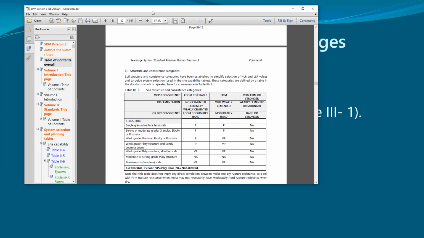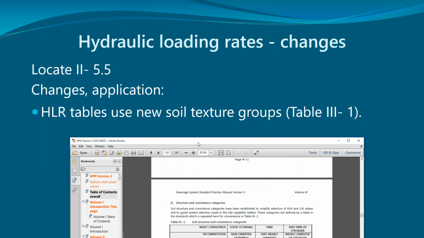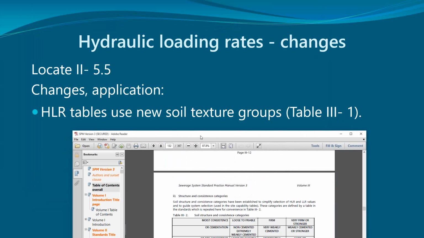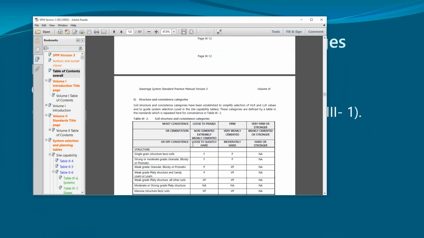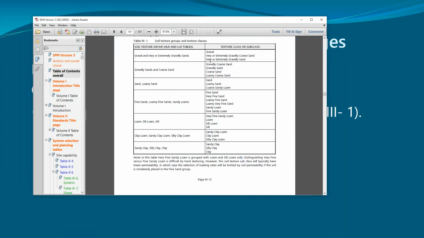So the point I was trying to make was that the HLR tables and the linear loading rate tables group the old soil textures into common groups, if you like. Table 2, there we go. So on the right is the old USDA texture classifications, all of them. And if you remember, the old loading rate tables had over 100 little boxes on it.